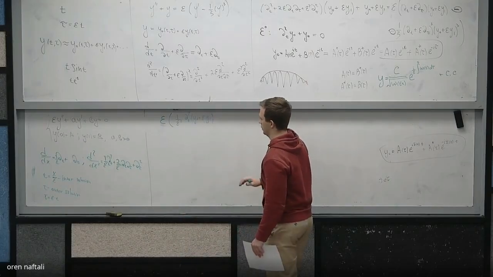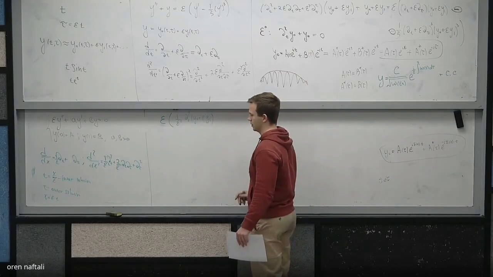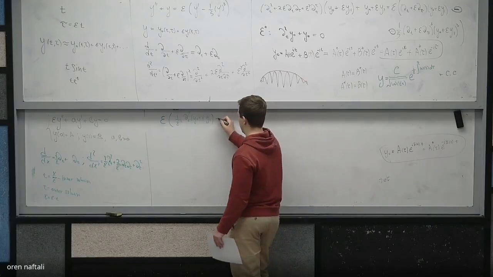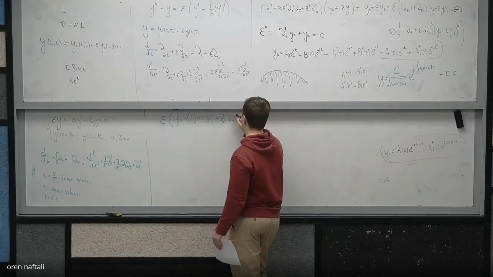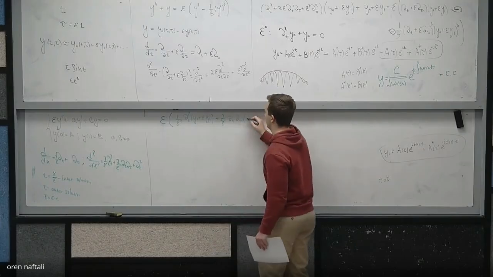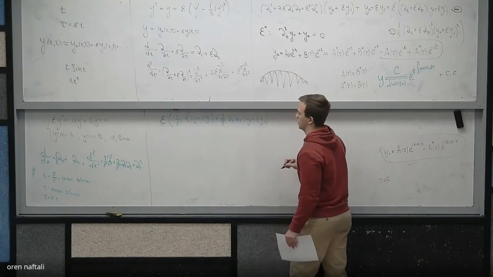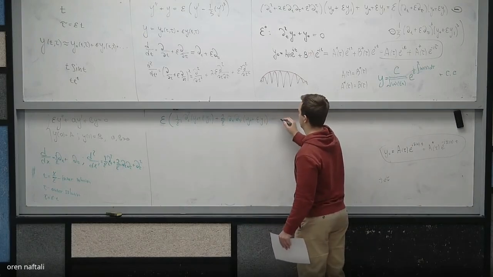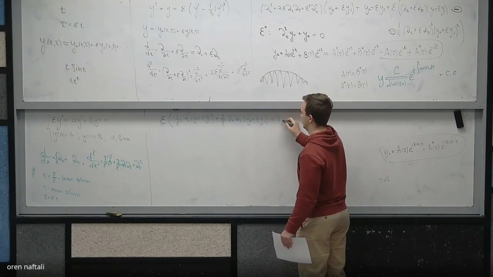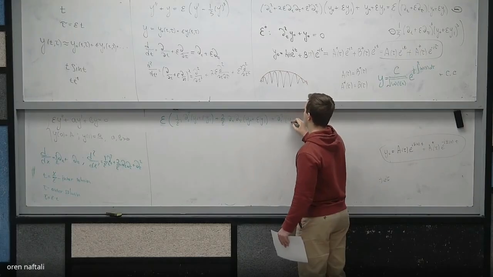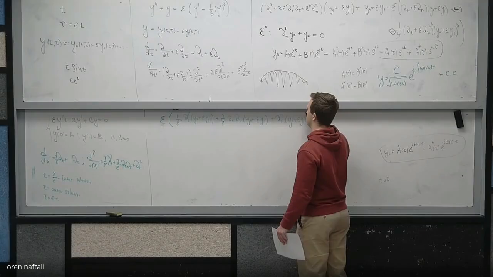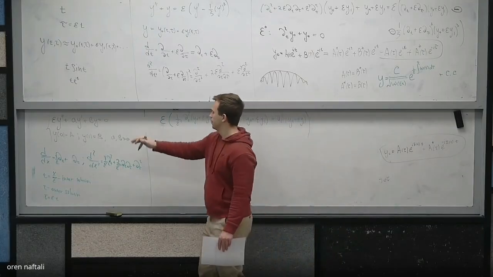I plug in the expansion for y, which is the same, plus 2 over epsilon dt d tau of y naught plus epsilon y1. And then plus d tau squared of y naught plus epsilon y1. Okay, that's it for the first term.